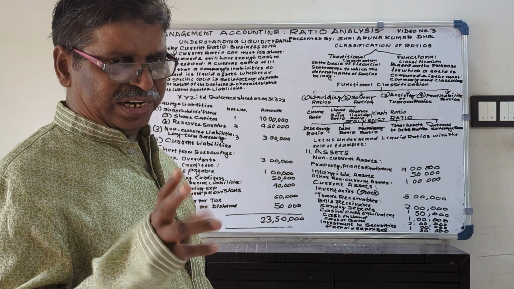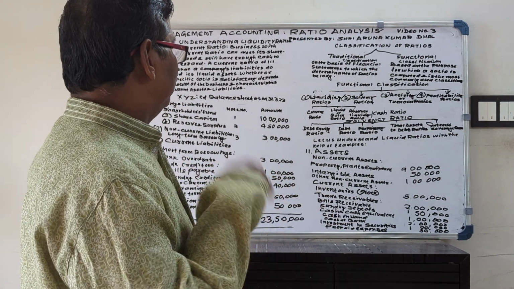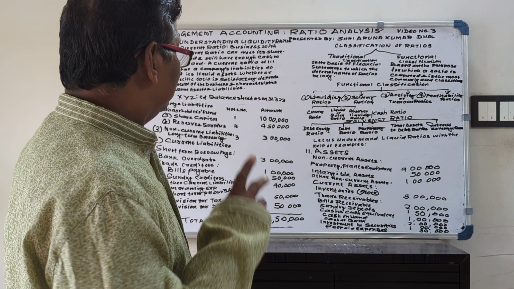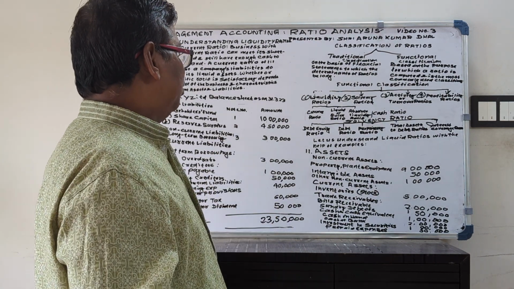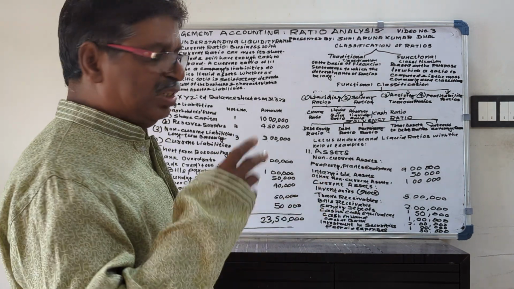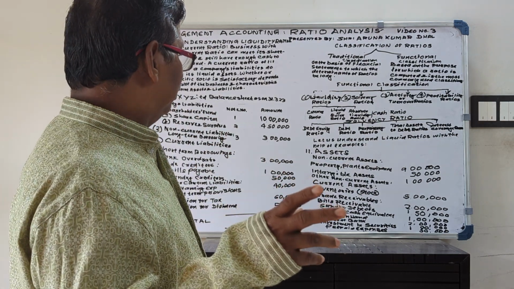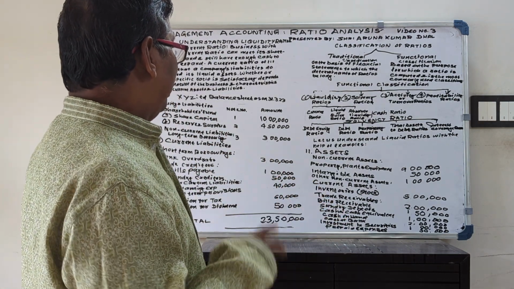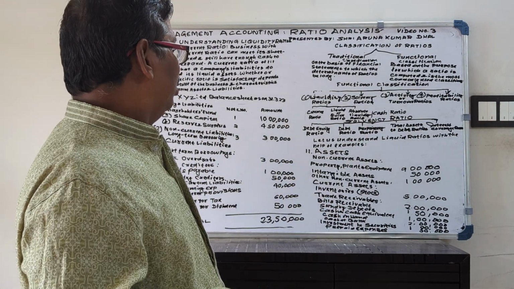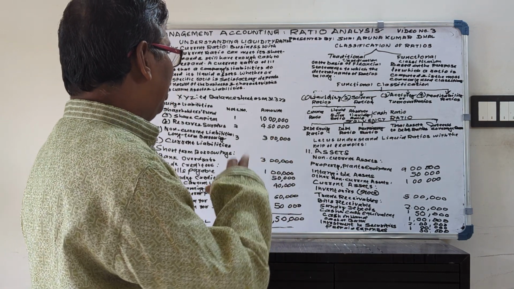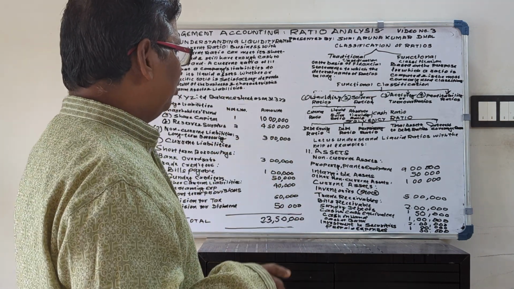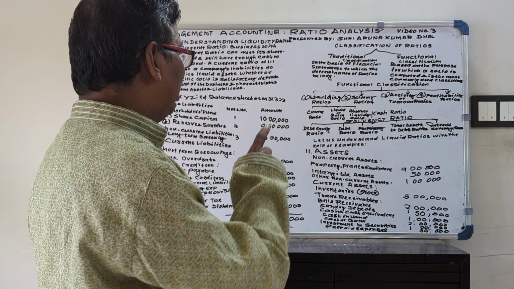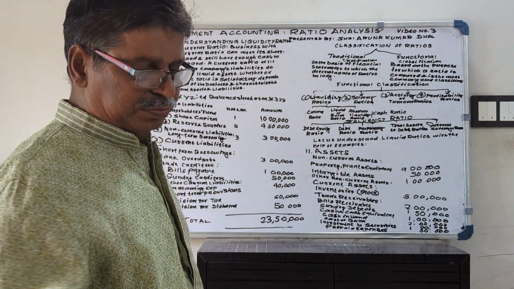Liquid assets are current assets, and short-term liabilities means all current liabilities which are repayable within a period of 1 year. Liquidity ratio is subdivided under three heads: one is current ratio, another is liquid or quick ratio, and the third one is absolute liquidity ratio.